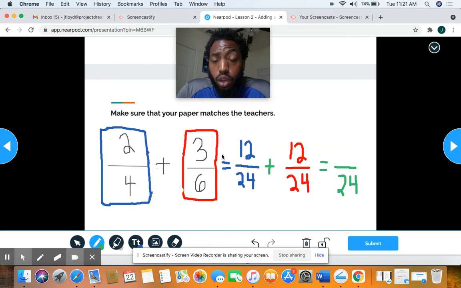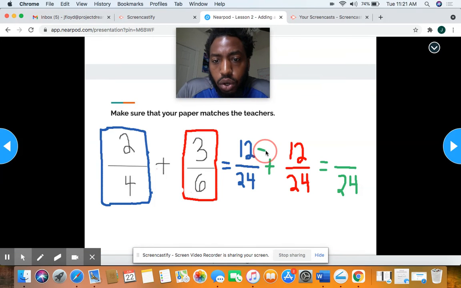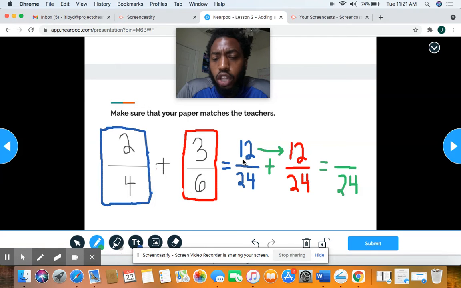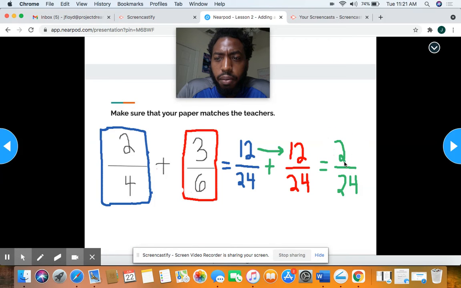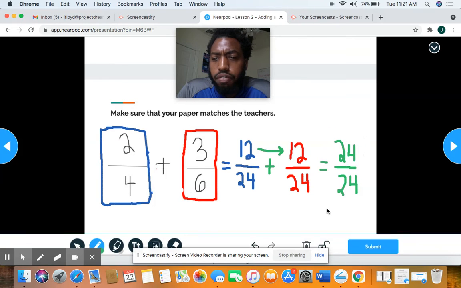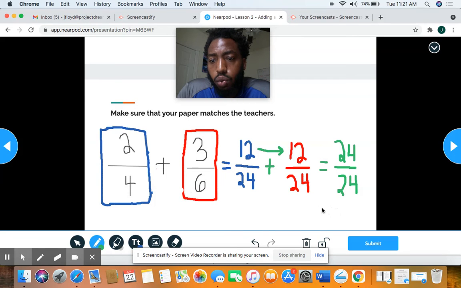And now with my numerator, this is why I said you were partially correct in our earlier example. Because in our numerator, we're just going to add. And we know that 12 plus 12 is going to be 24. So my answer is 24 over 24 or 1 whole.